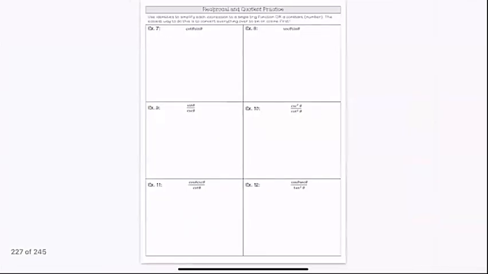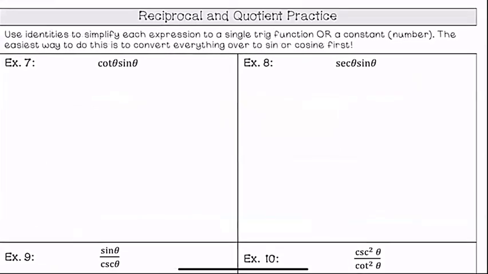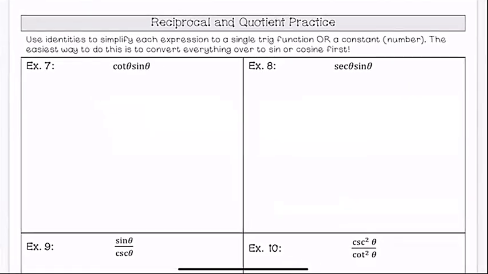Good. Let's look over here now. You'll notice there is an absence of numbers. There are no numbers on these kind of questions. All we're going to do is try to simplify as far as we can. And for these kind of questions, it will normally specify what you're going to simplify down to. I've already said up here at the top, use identities to simplify each expression down to a single trig function or a constant, which is just a number.